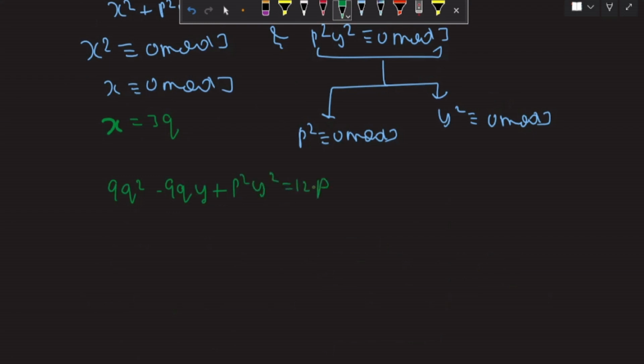Now let's take case 1, which is y square is 0 mod 3 and p square is not congruent to 0 mod 3.